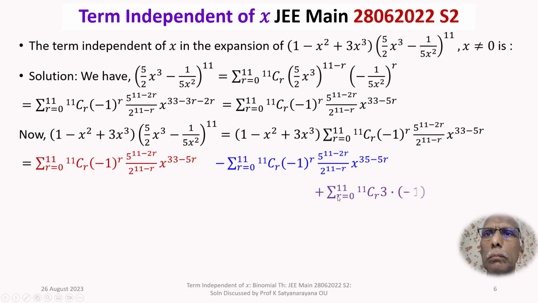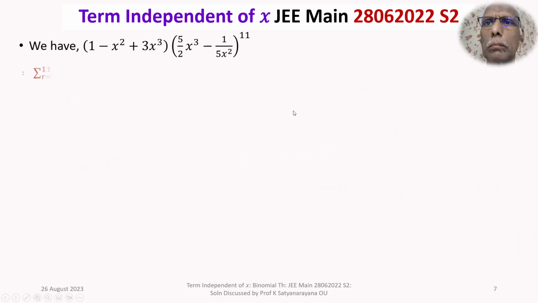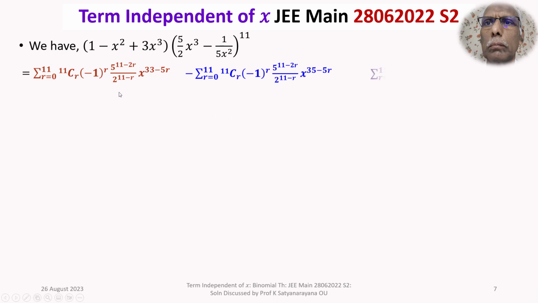So plus the sum multiplied by 3, the remaining things are the same, and the exponent of x is 36 - 5r. So the expansion is now broken into a sum of three sums: the first sum, second sum, third sum. We continue in the next slide.